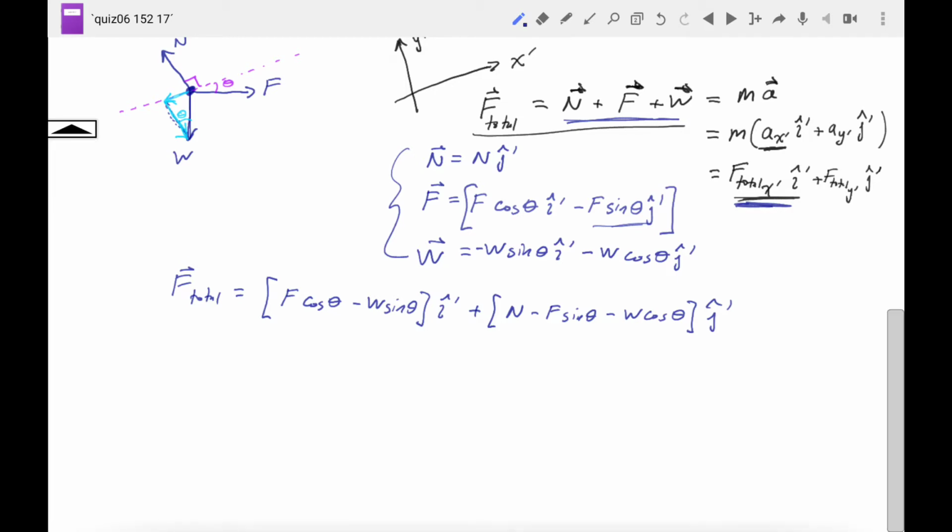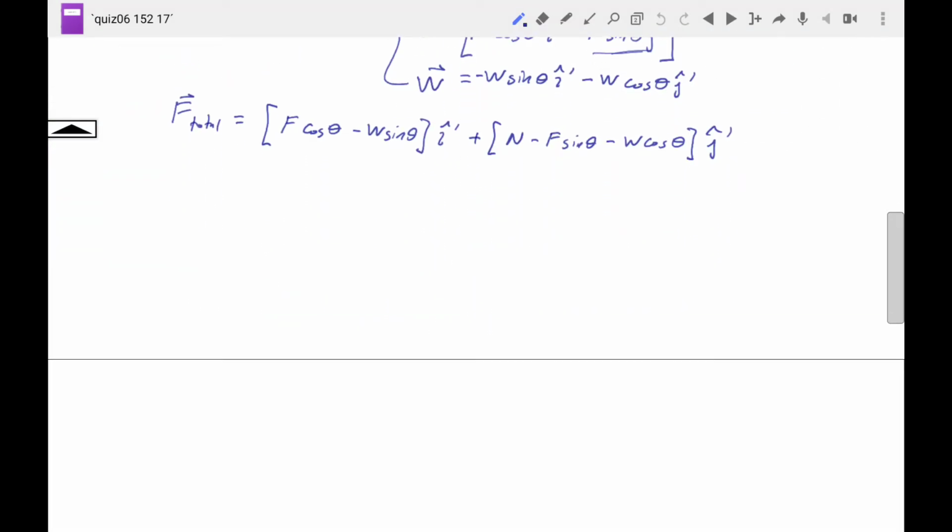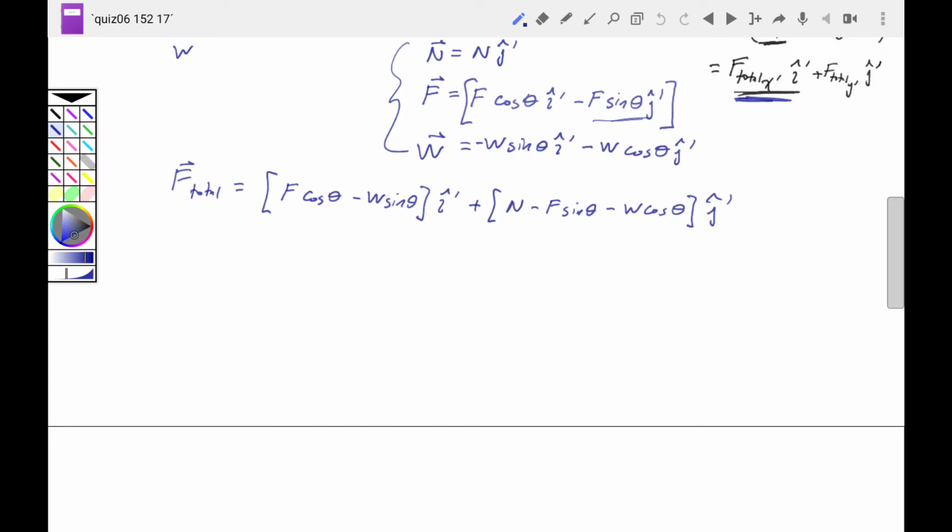And I'm going to add a page so I can move this up. It's this component that we're examining, because we want that to be 0.